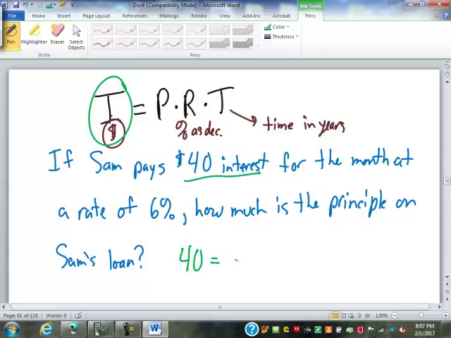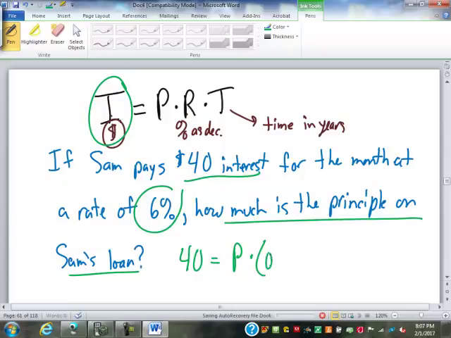Do I know P? No, that's what I'm being asked to find. Do I know R? 6%, but the percent as a decimal. So I'm going to tell you 6% as a decimal is 0.06. Do I know the time? A month. Now the time is always given in years, so a month is 1/12 of a year.